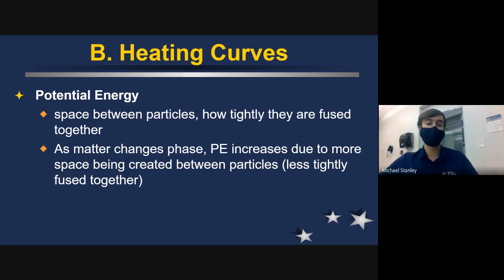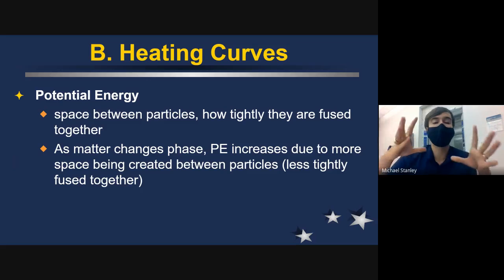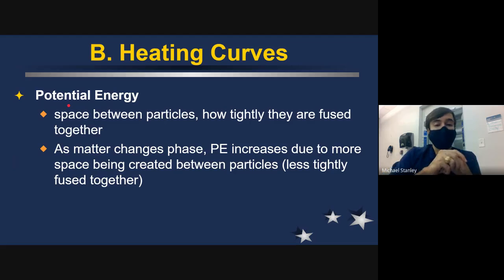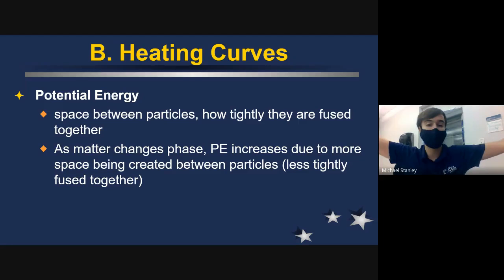The more space that particles have between each other, the more potential energy is in your matter. So solids have a really low potential energy because their particles are really close and stuck together. Liquids have a higher potential energy because their particles are able to move around each other a little bit. And gases have the highest potential energy because their particles are super far spread apart.